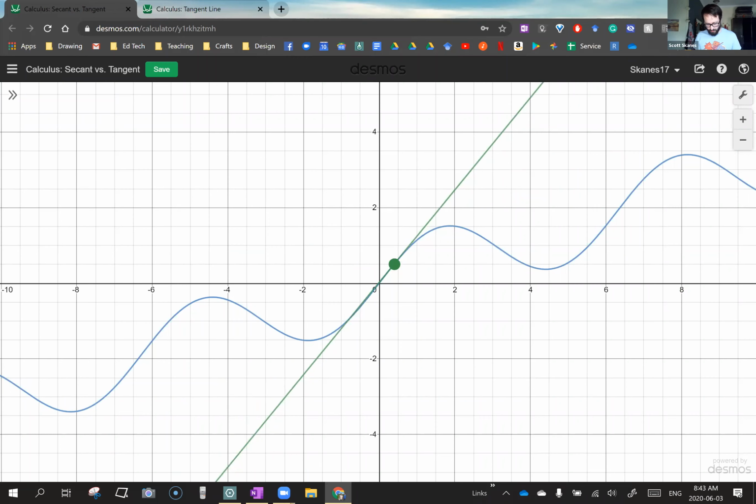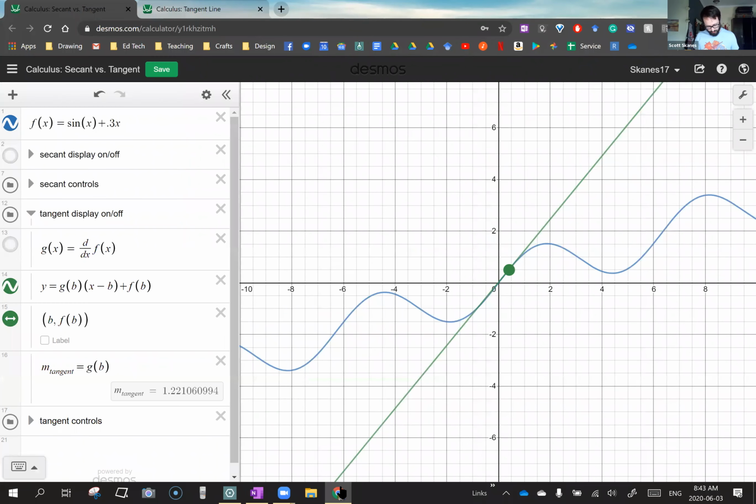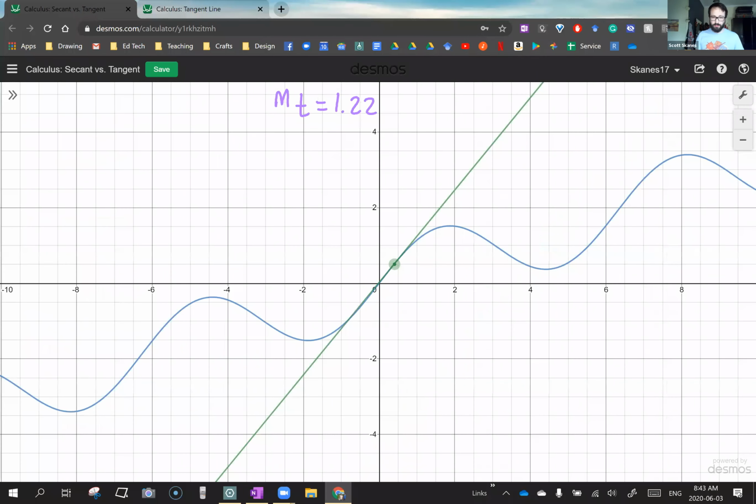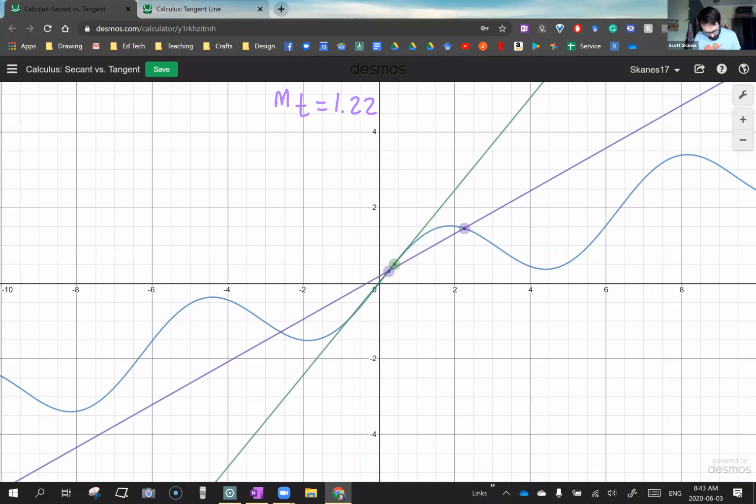It doesn't really matter where I put it. At that point, the tangent is about 1.22. Slope of the tangent is 1.22. And I'm just going to leave that there. We'll talk about that in a second. Let's use secant to approximate it. So we'll put 1 point right there.